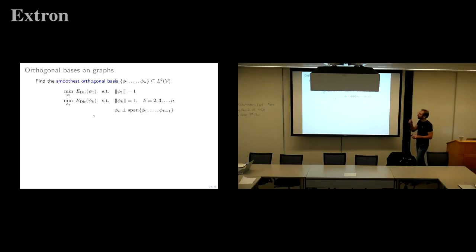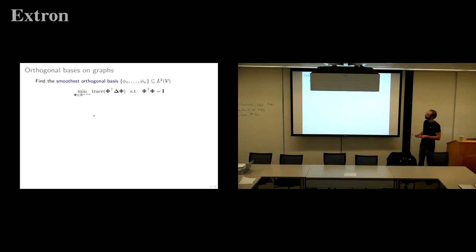Orthogonal meaning that all the functions are orthogonal to each other in the sense of the inner product that we defined, right? That the inner product of phi k and phi k' with other index not equal to k will be 0. Also they will have unit norm, and we want minimum Dirichlet energy. We want basically the smoothest basis possible.